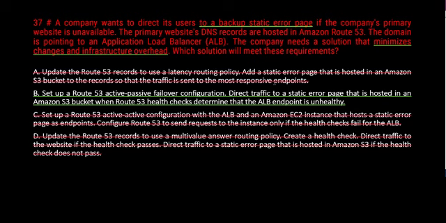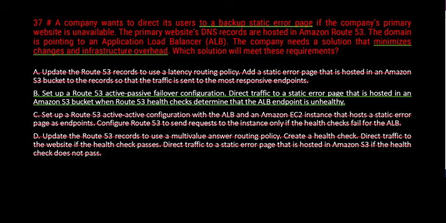Passive means whatever backup or error page you want, it is not the same as whatever is active. It's not an EC2. It's passive, in the sense it's not running, but it can in the case of failover. But for us, we have a backup error page. It's just an error page. It's not a server. Okay, so this will work fine for us.